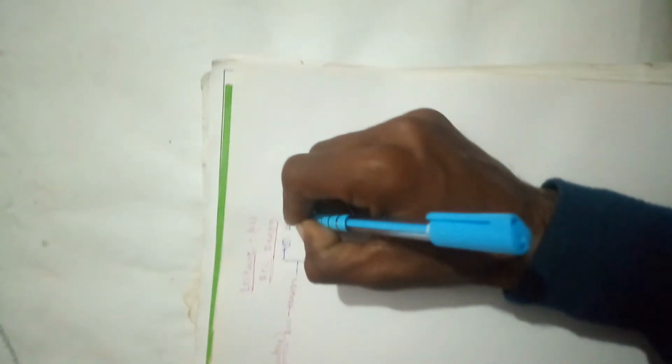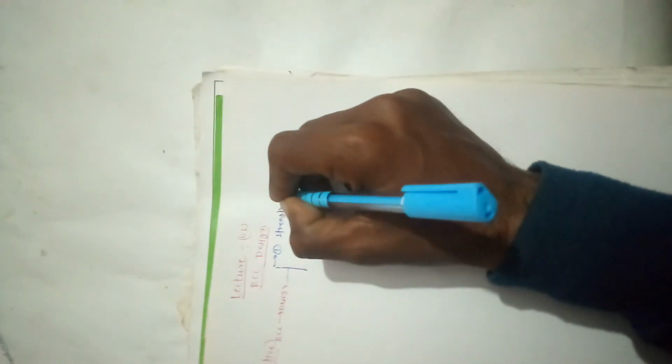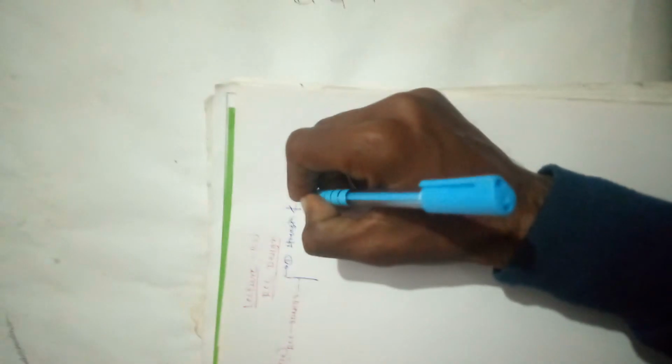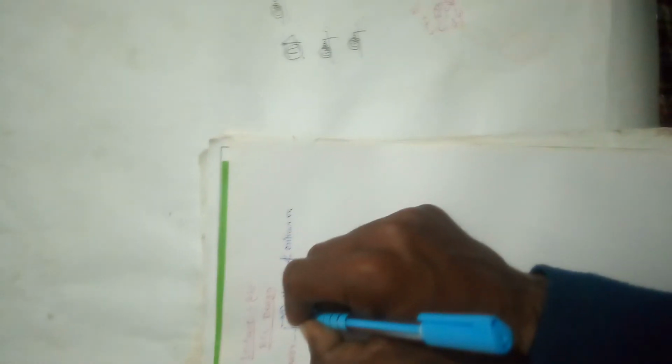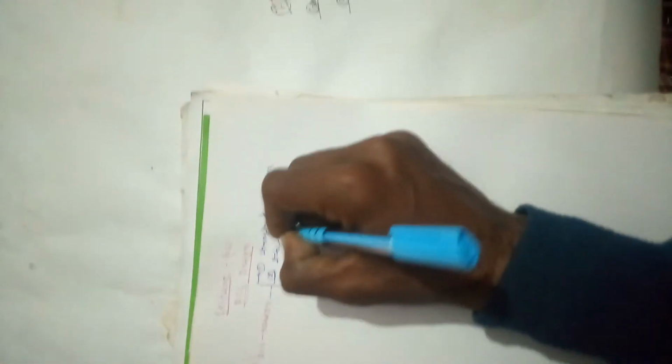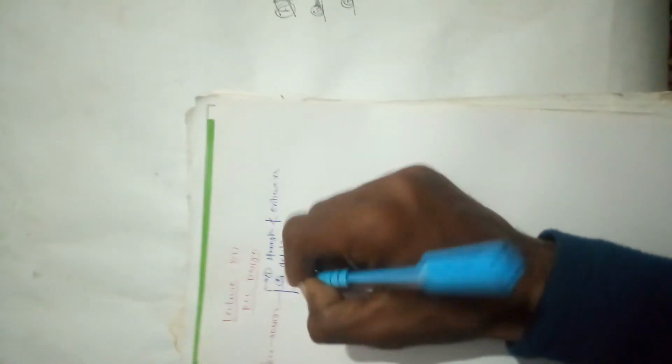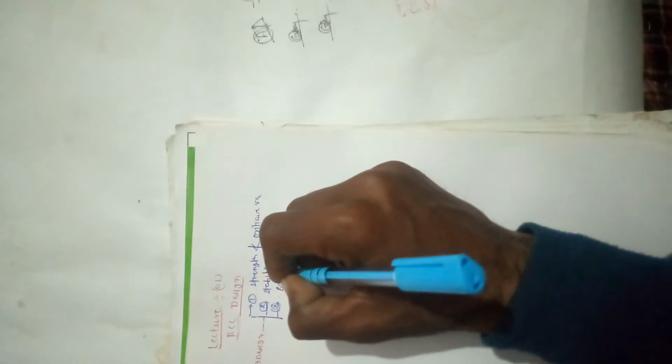First is strength: the strength of the structure should not be less than its critical value. Second, stability, which means the structure should be stable. Third objective of RCC design or structural design is serviceability.